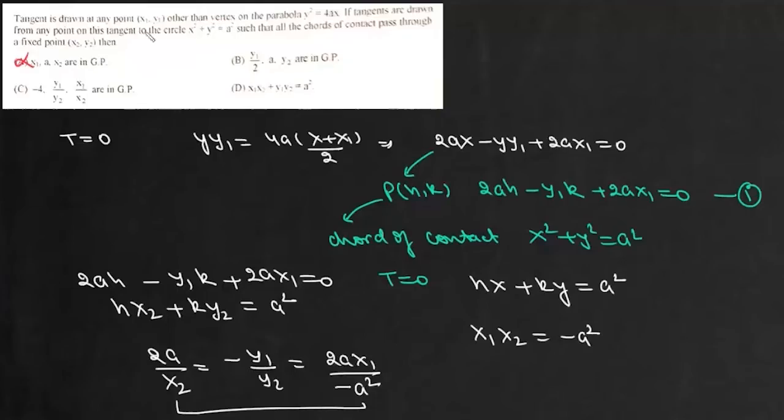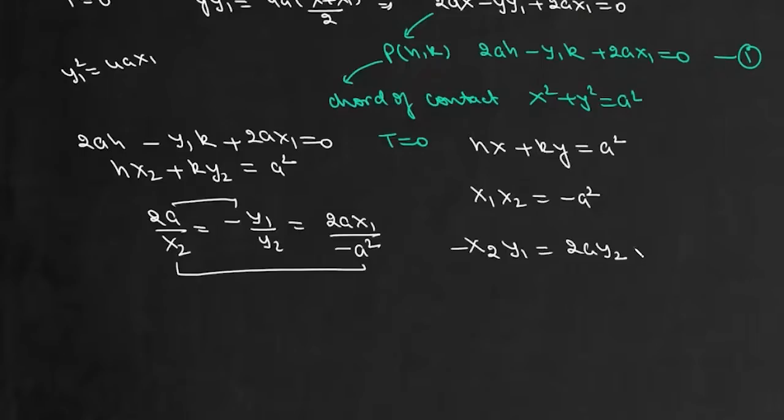Now we also know that this point x1, y1 lies on this parabola. So we have y1 square equal to 4a x1. If we solve these first two, we can write minus x2 y1 equals 2a y2. Now we'll multiply this with y1. So we'll write minus x2 into y1 square equals 2a y1 y2.